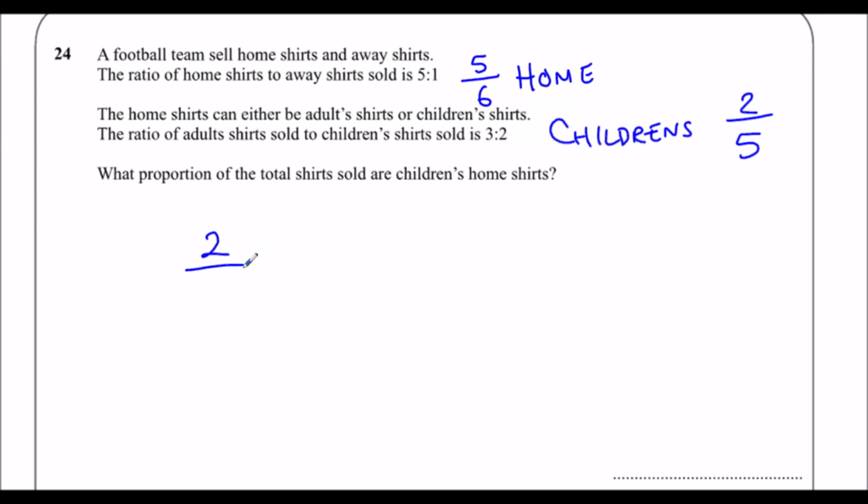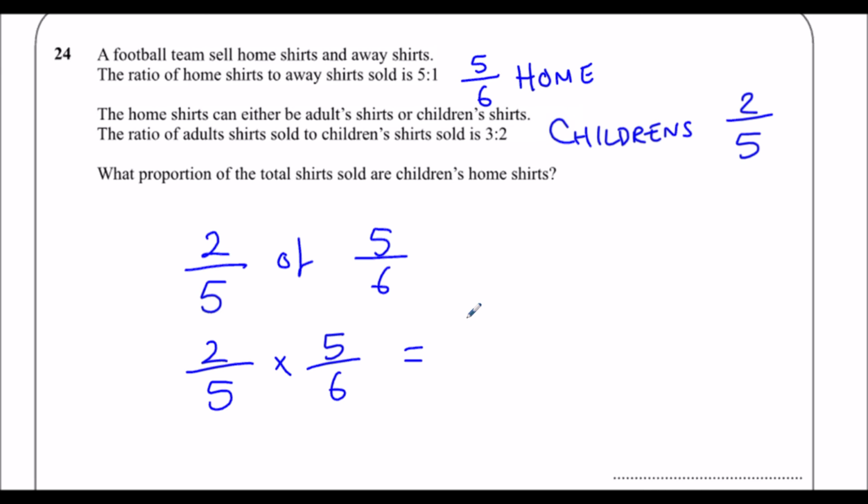So we need 2/5 of 5/6. Of means times, so 2/5 times 5/6. We can type it into the calculator, and we should get 1/3.